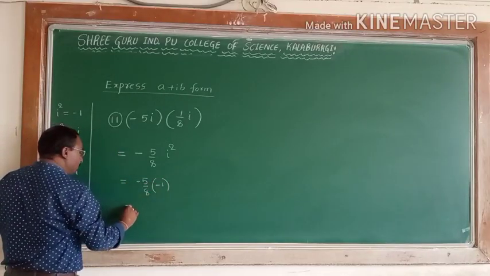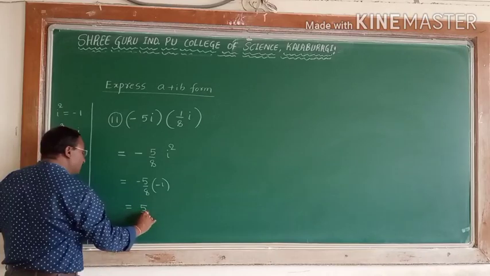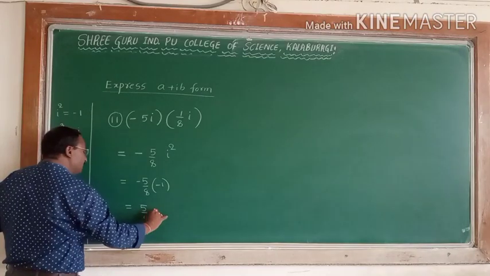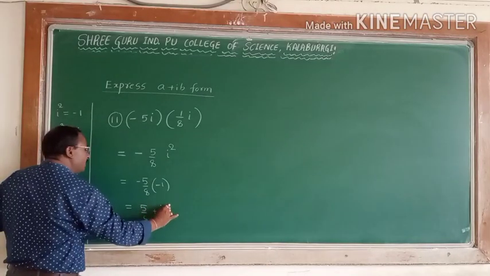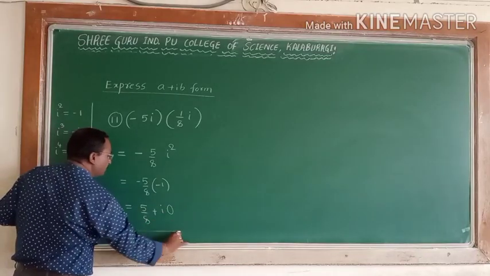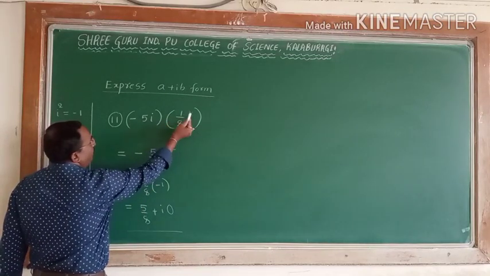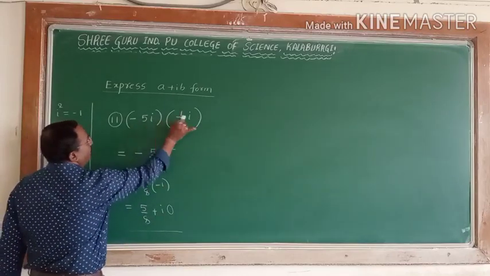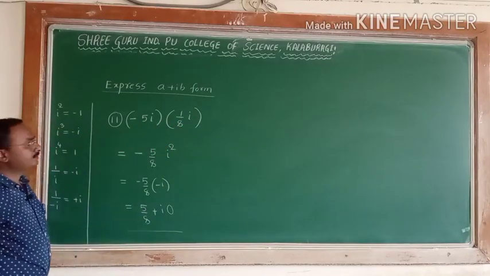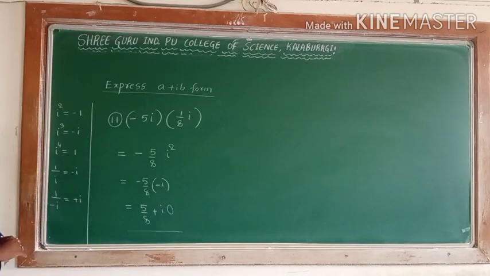Minus times minus gives plus 5 by 8. This is the real part. Imaginary part is what? i times of 0. 0 into anything is 0. A plus iB form. Clear? Here 1 into i square. Eleventh one.